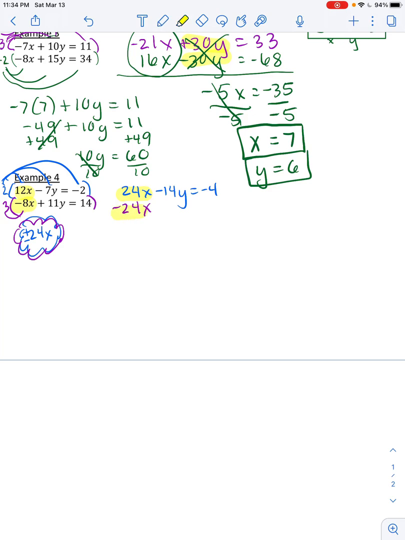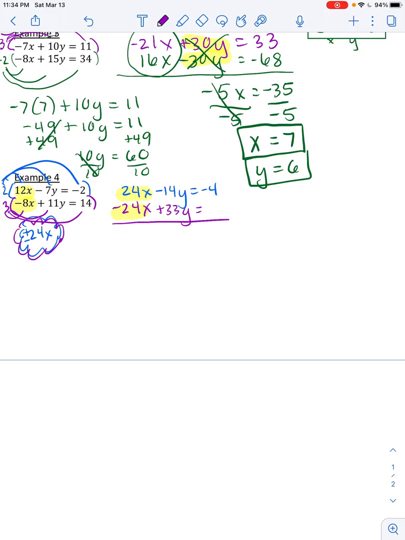That was the goal, have equal but opposite x's. 3 times 11 puts a 33 right here. And then 3 times 14 is going to give me a 52. Or 42. Sorry.